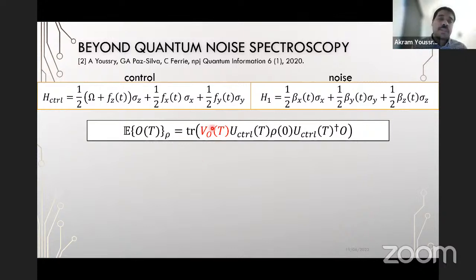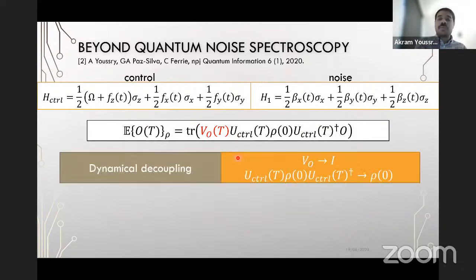In this formulation, you just take whatever information is needed from the bath and how it affects the system. So this is all compressed, all encoded in this operator. And if you have a qubit, this will be just a 2x2. It's very nice because you don't need to describe the bath or how it evolves or the state of the bath. You just need this operator.